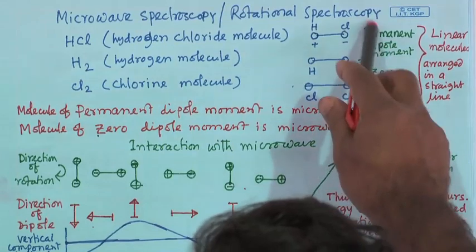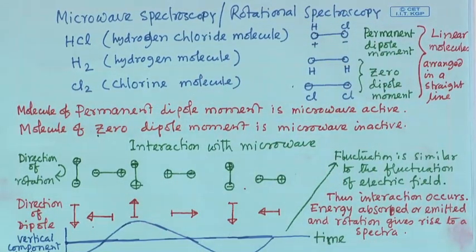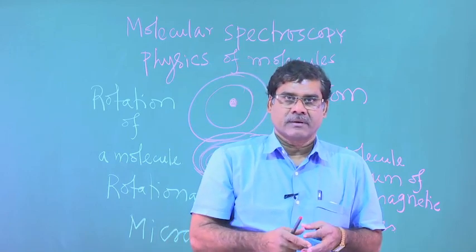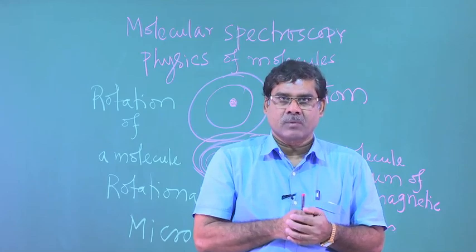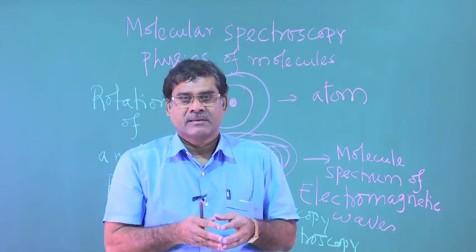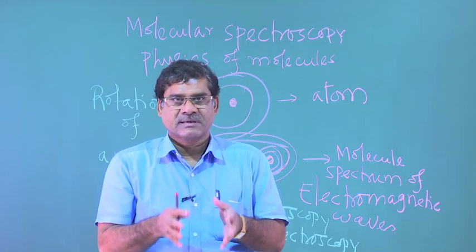Now we differentiate molecules with respect to whether they have a permanent dipole moment or they do not. Some molecules will have permanent dipole moment, so this is one group, and some molecules will have zero dipole moment, so this is another group.